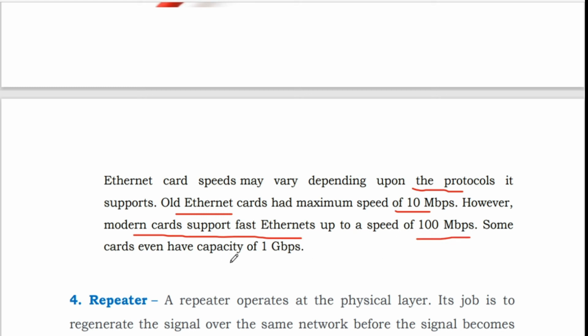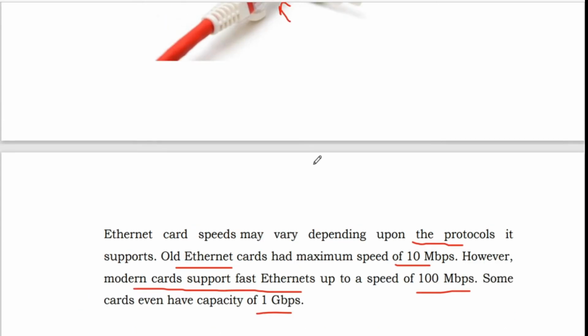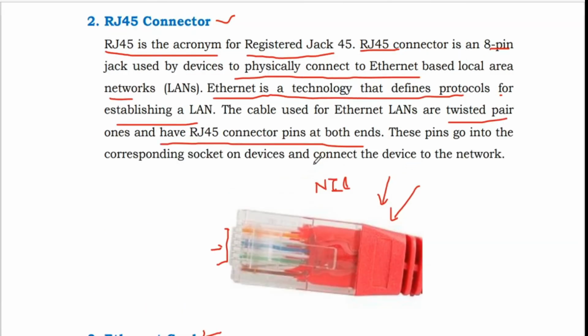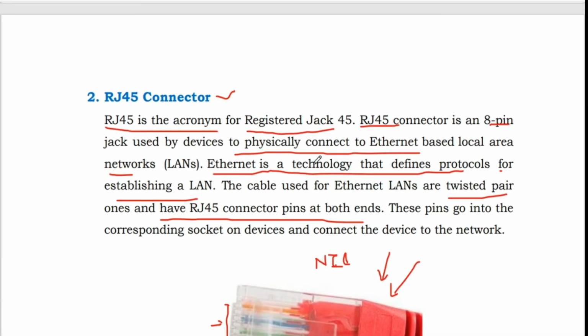Some cards even have the capacity of 1 Gbps. This is the capacity of the Ethernet card to transfer and receive information over the network.